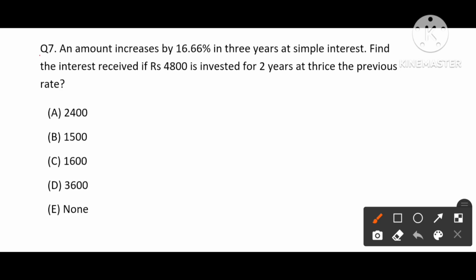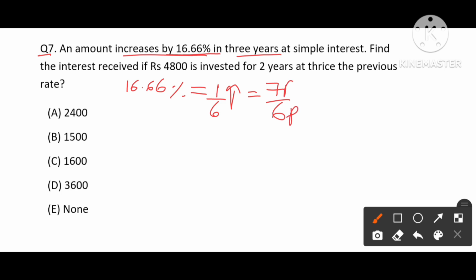Now we are going to see question number 7. An amount increases by 16.66% in 3 years. 16.66% is nothing but 1 by 6, and saying that it increases by 1 by 6 means 7 by 6, which means 6 parts becomes 7 parts in 3 years of simple interest.